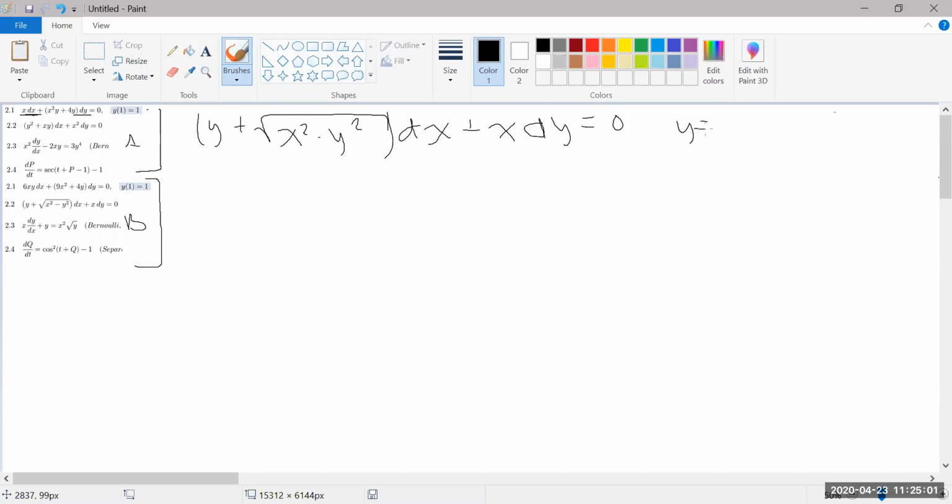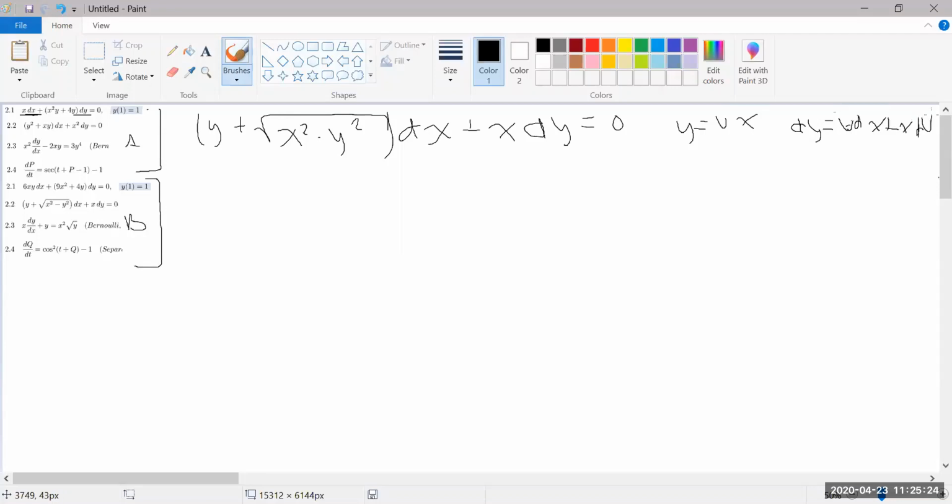So our y equals ux, so our dy equals u dx plus x du.